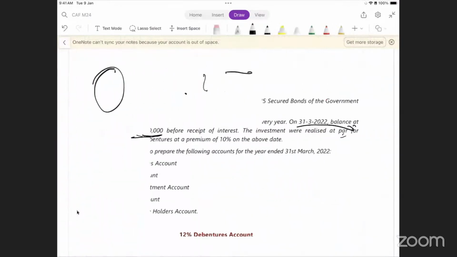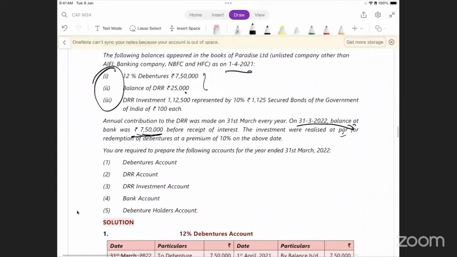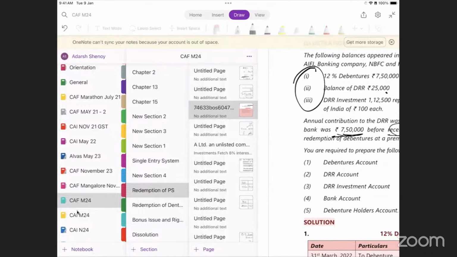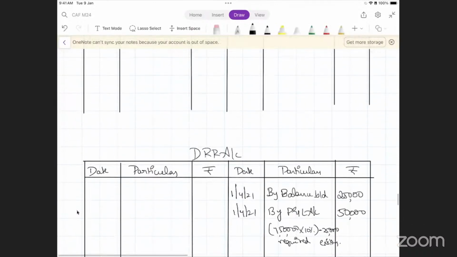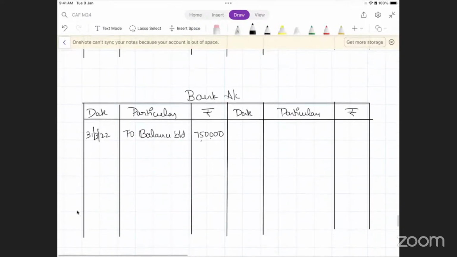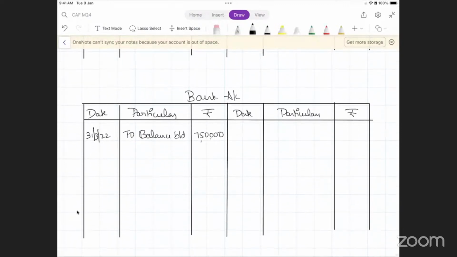Okay, now we can directly go ahead for the redemption. Annual contribution to DRR was made on 31st March, but it was not enough last year, so we have made it now. On 31/3/22, balance at bank was 7,50,000 before receipt of interest. Right, we will receive interest then. For that, bank account debit to interest on DRR investments, but we are not making the interest on DRR investment account because it's not required.